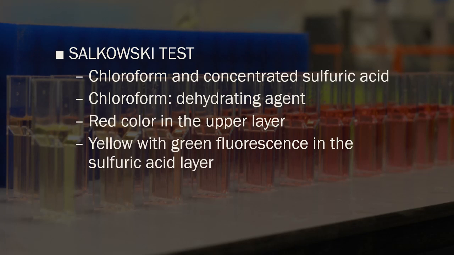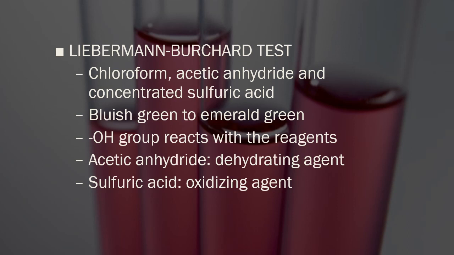Moving on to your Lieberman-Burchard test. This one again is another test for your cholesterol. It uses your acetic anhydride and your concentrated sulfuric acid. The positive result is a production of bluish green to emerald green color.